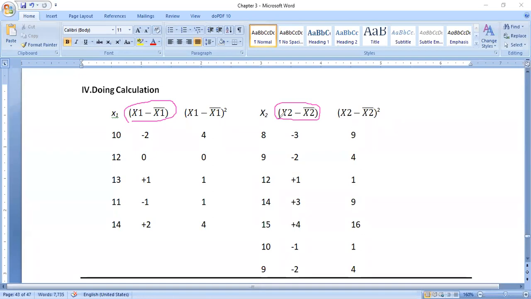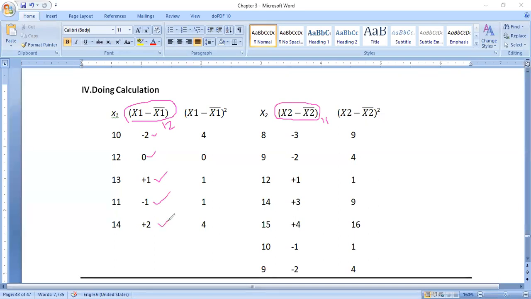Okay, x bar 1 we got is 12 here, and x bar 2 value is 11. So observe carefully: 10 minus 12 is minus 2, 12 minus 12 is 0, 13 minus 12 is plus 1, 11 minus 12 is minus 1, 14 minus 12 is plus 2.